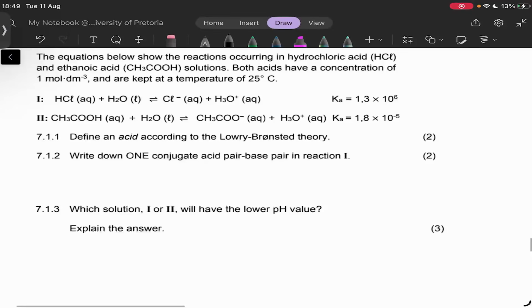I'm going to show you the first option. I can have hydrochloric acid and the chloride ion, or I can have water and this H3O plus. So we have two options for this, and both options would still grant you the marks.